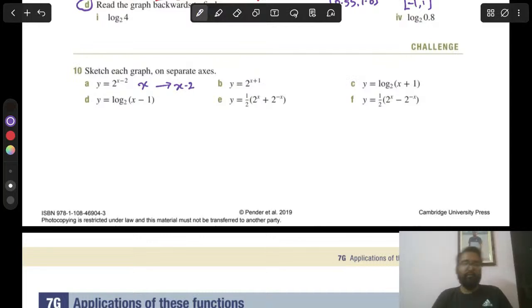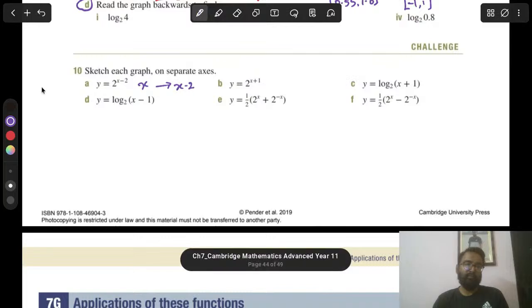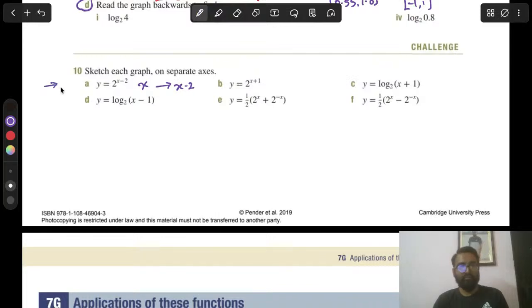Does it move to left or right? The graph is moved to left or right? Hmm? When x goes to x minus 2, then the graph moves to right. Okay, it moves to the right 2 units.